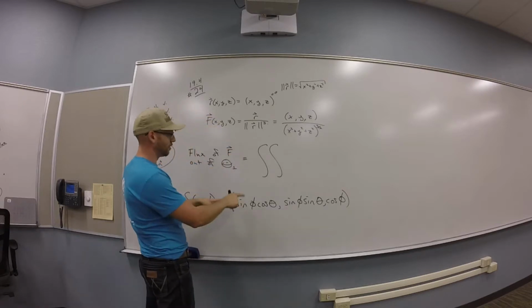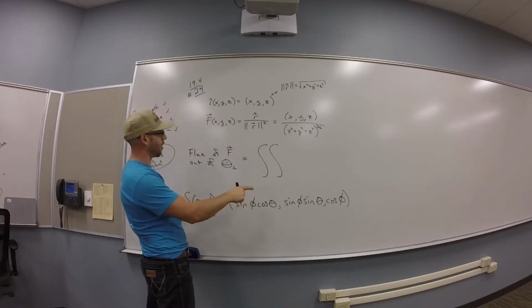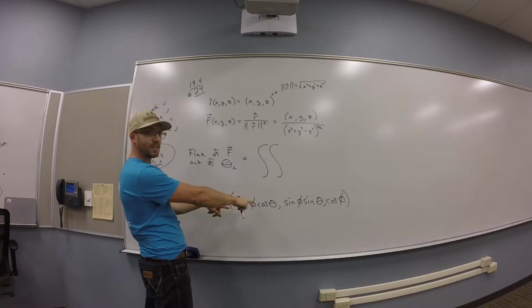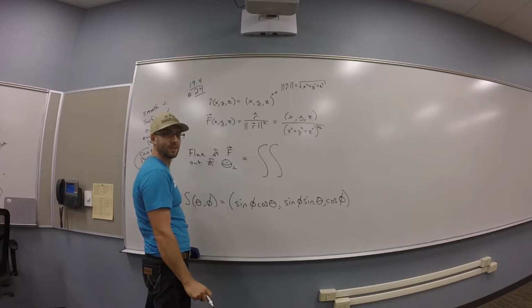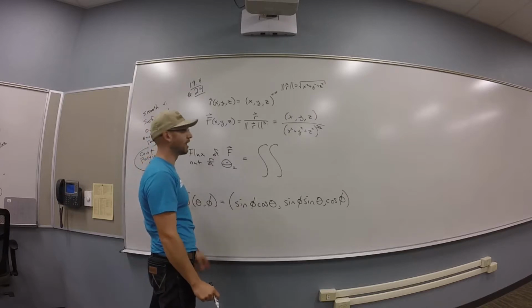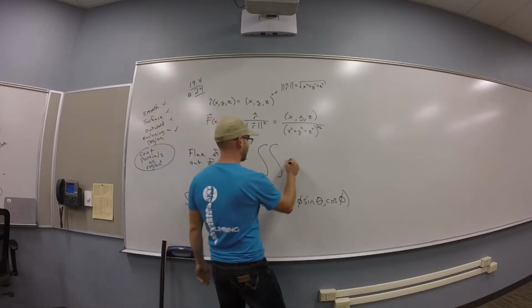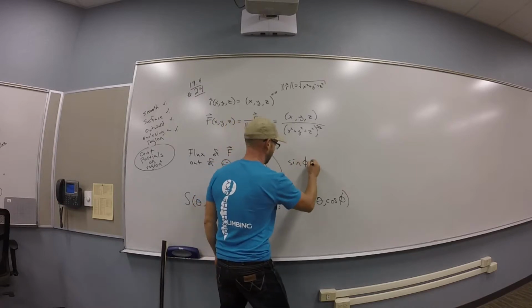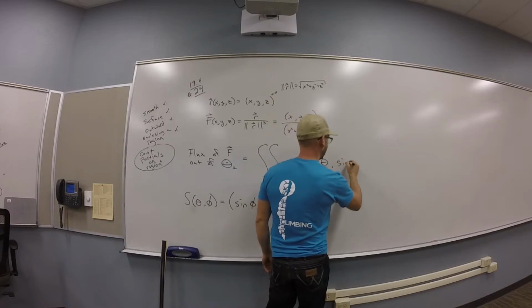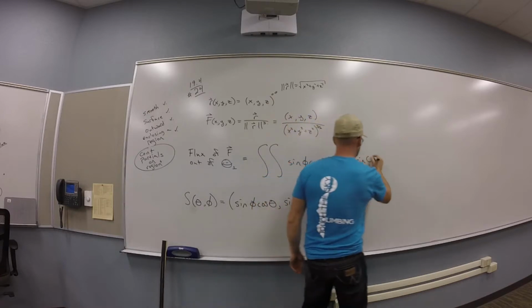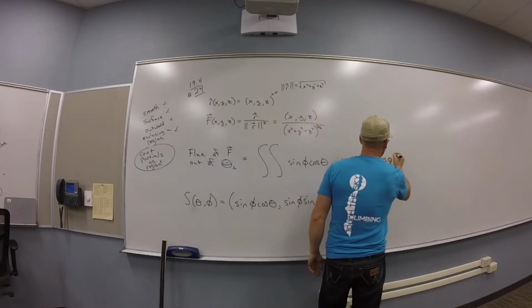Luckily, the magnitude of R on this surface is 1, and we can prove that. So all I get here is sine phi cosine theta, sine phi sine theta, cosine phi.